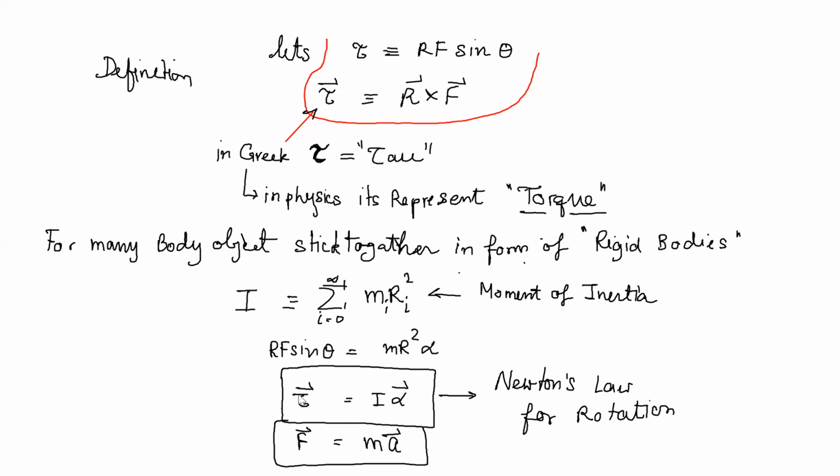We can write it down as torque equal to I alpha. This is Newton's law for rotation. It is equivalent to F equal to ma, but F equal to ma is used in linear motion, while torque equal to I alpha is used in rotation.